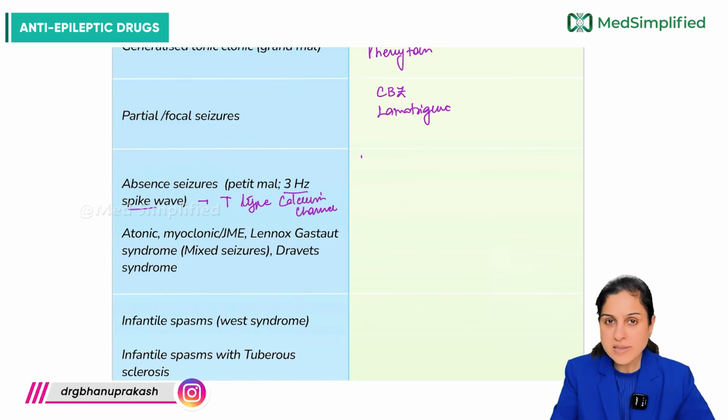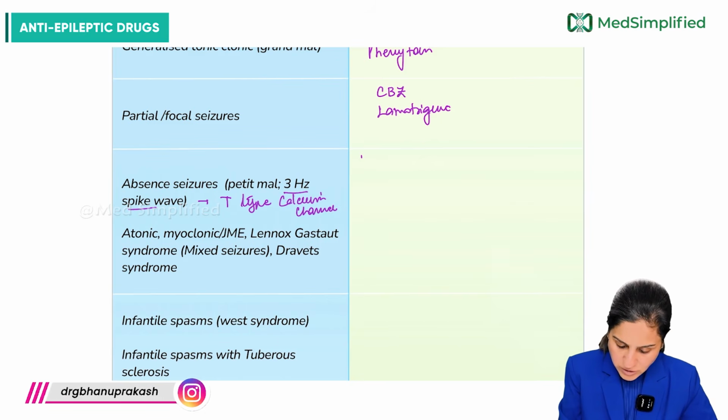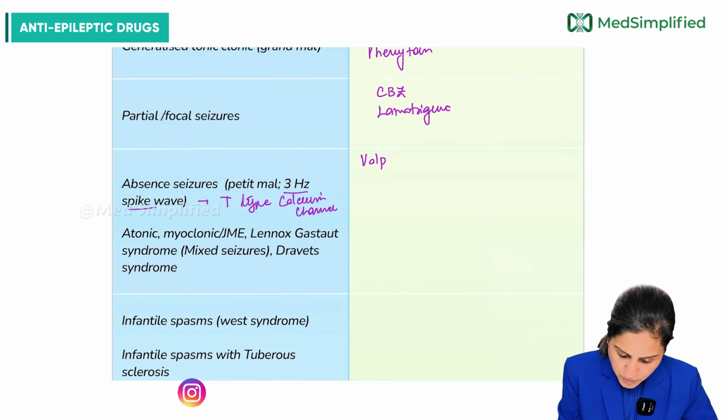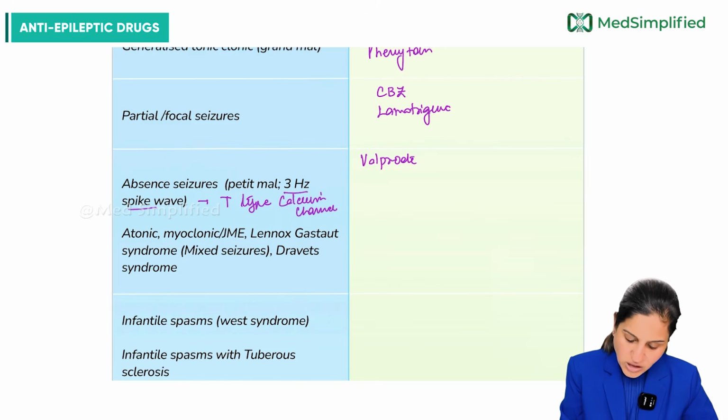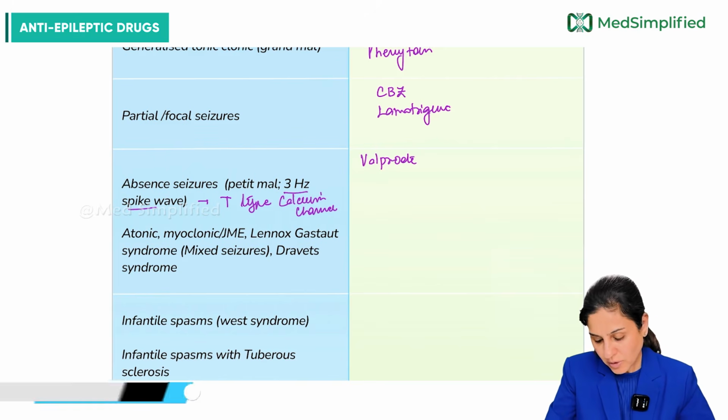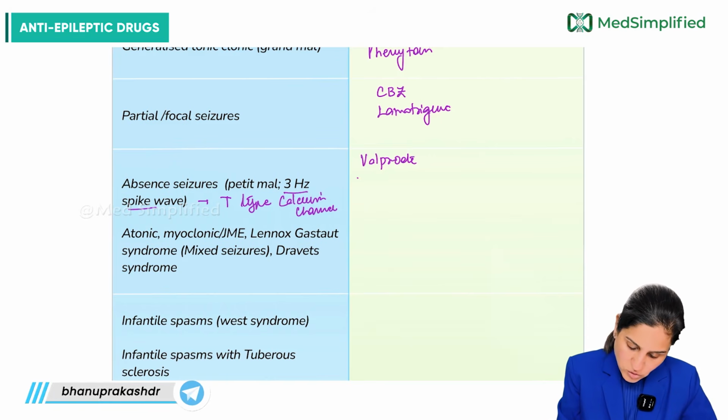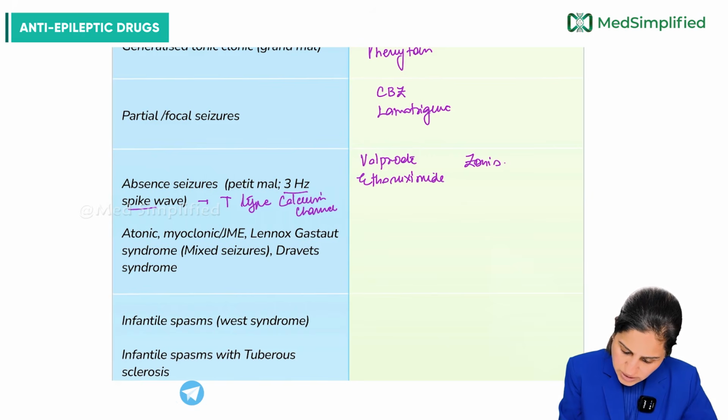So, all the drugs are not used. There are only a few drugs which are effective in absence seizures. So, drug of choice remains valproate. Now, in small children less than 2 years, we don't give this because of the risk of hepatotoxicity. So, there we give ethosuximide. Another effective drug we can also give is zonisamide.